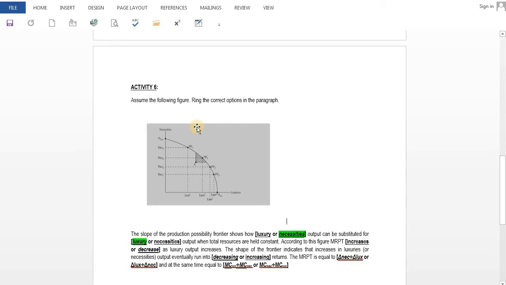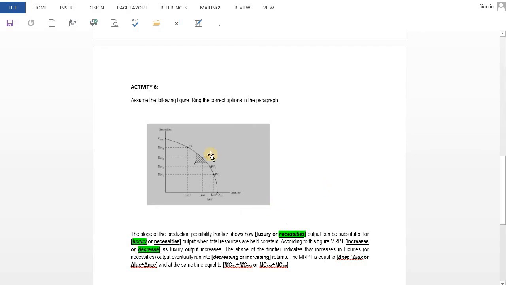So what happens then to the slope when the luxury output is increasing? If our denominator is increasing gradually as opposed to our numerator, we can therefore say that the marginal rate of product transformation is going to decrease.